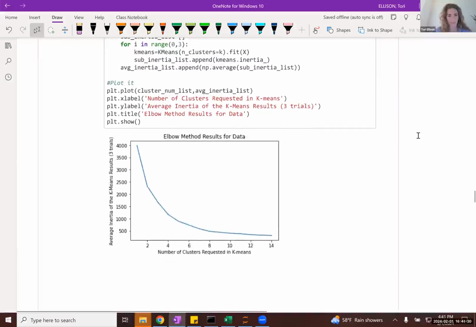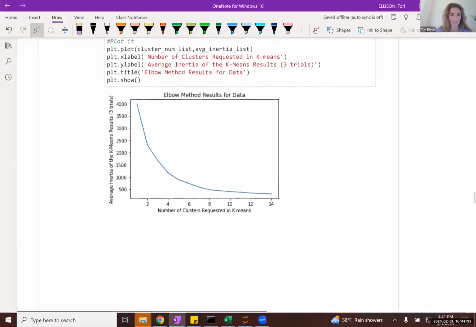Okay. Now, it's not immediately obvious what the elbow is in this plot, but I would say I see suggestions of significant amounts of leveling off happening at maybe k equals 4, perhaps even k equals 8. So it's a little bit unclear.